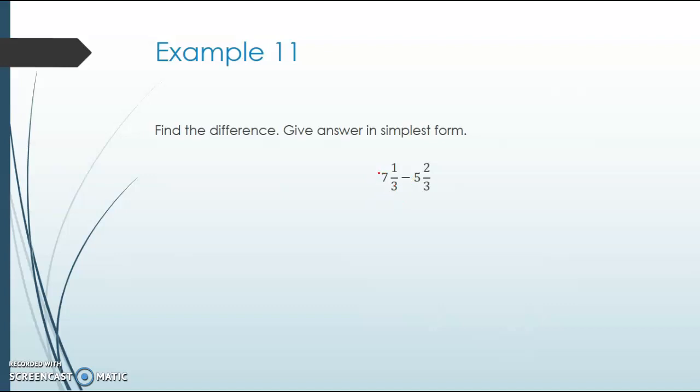We have 7 times 3, which is 21, plus 1 is 22, over 3, minus 3 times 5 is 15, plus 2 is 17, over 3, and then I'm going to subtract. So 22 minus 17.